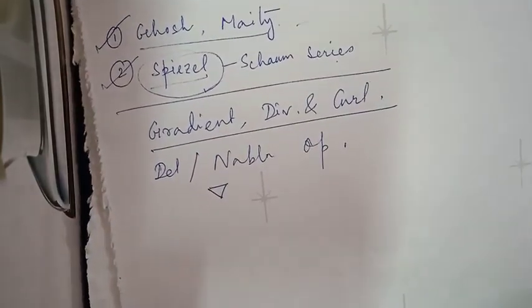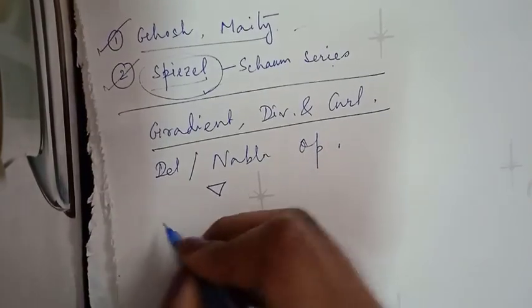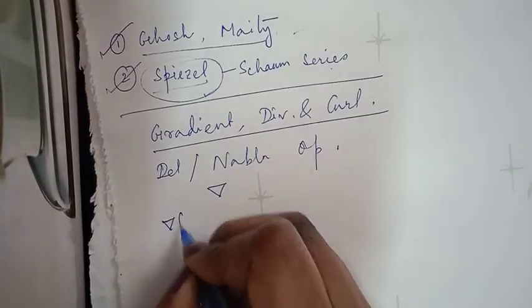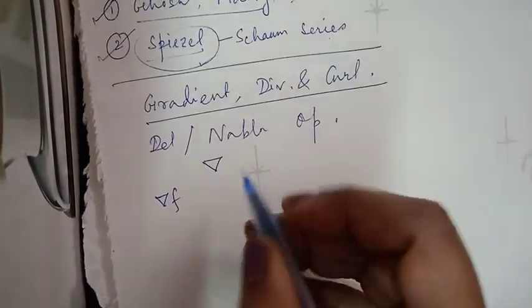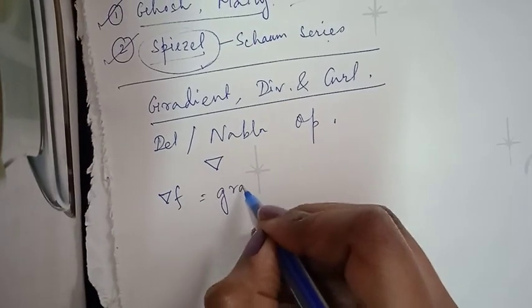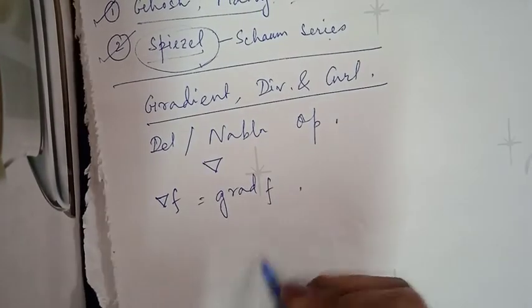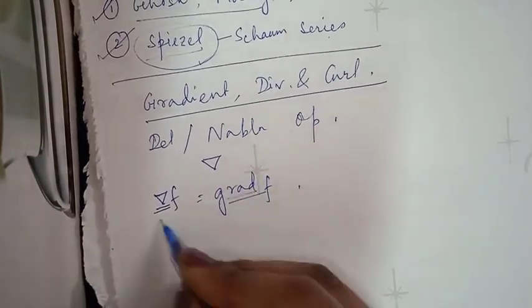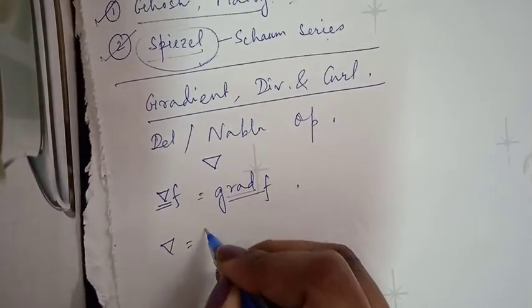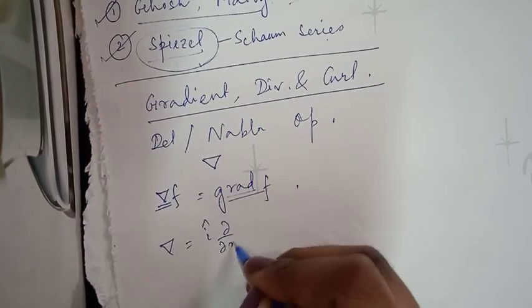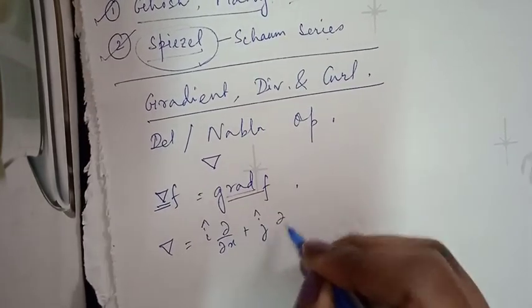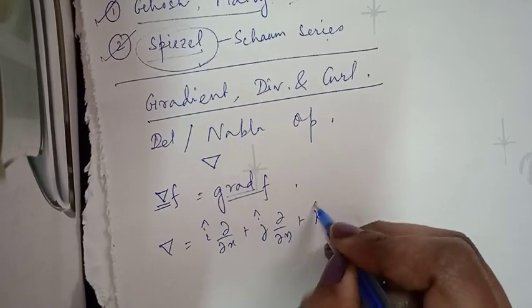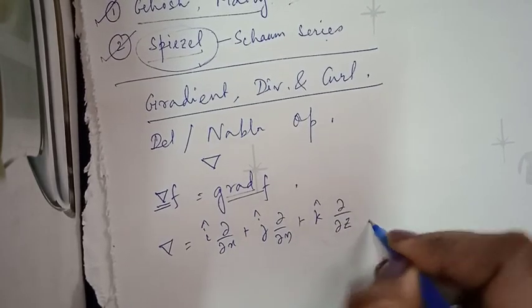Okay, so if you take any function, say f, then nabla of f or del of f is known as the gradient of f. And what is the value of that nabla operator? The value is i cap del/del x plus j cap del/del y plus k cap del/del z.